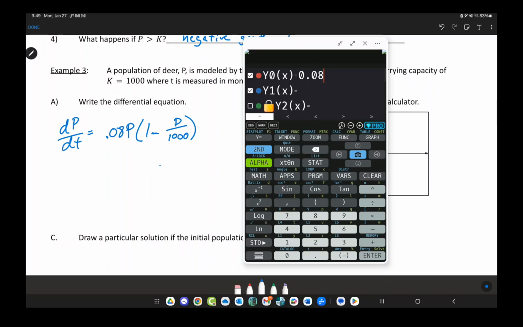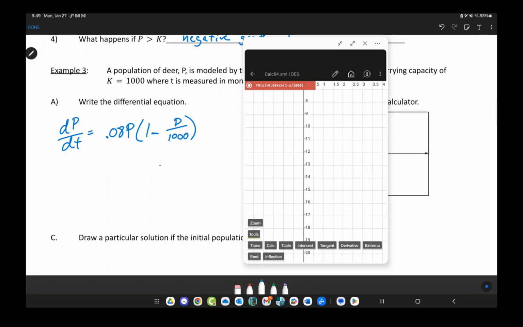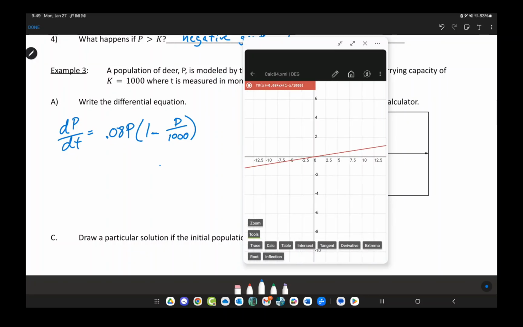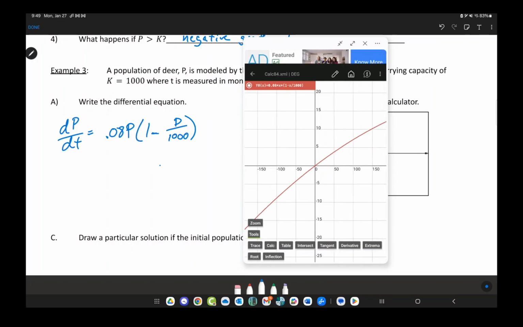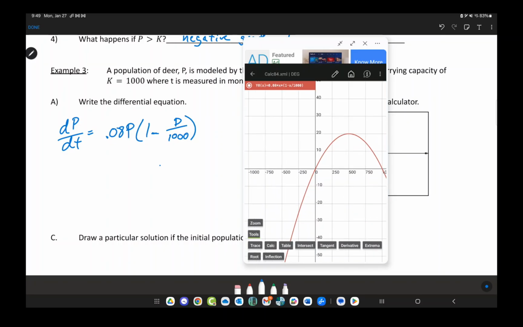So 0.08 x times 1 minus x divided by 1,000.